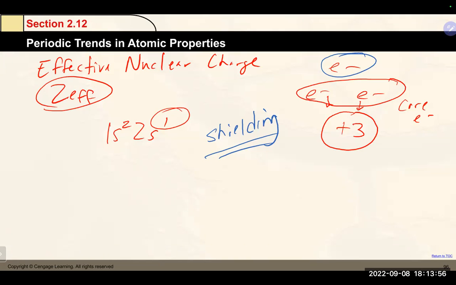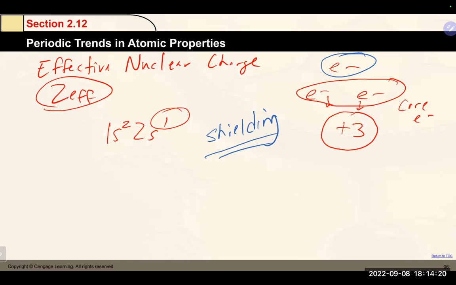Kind of like when you go to the movies and you used to be able to pick your seats, you get there early, you get a nice center seat, and then somebody comes right before with a big giant hat and sits in front of you and shields half of the screen. Same idea here. These lower energy level electrons shield that full +3 charge.